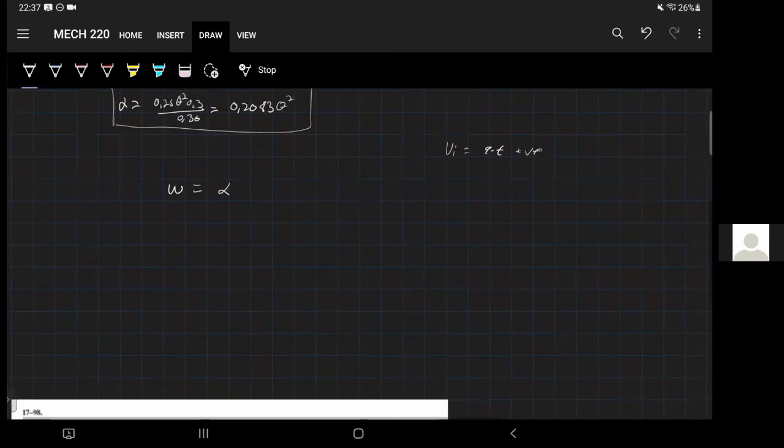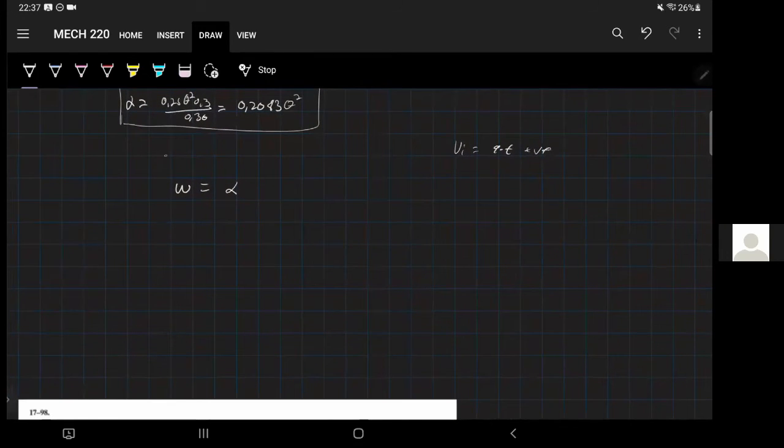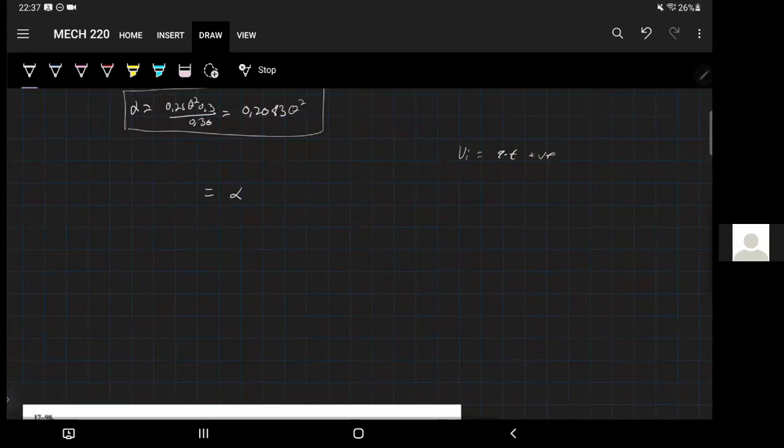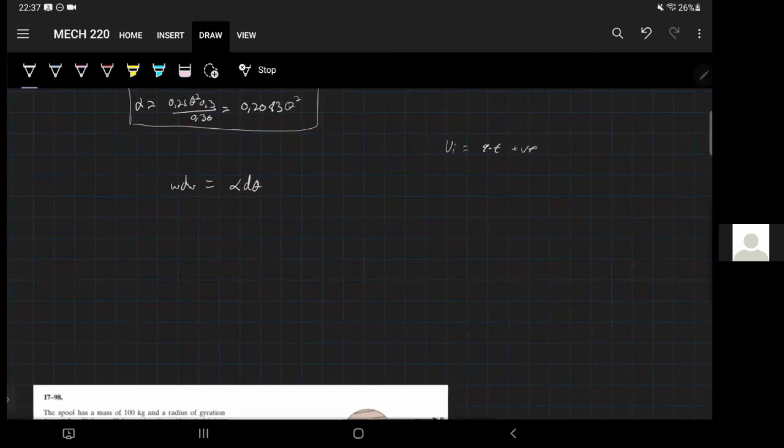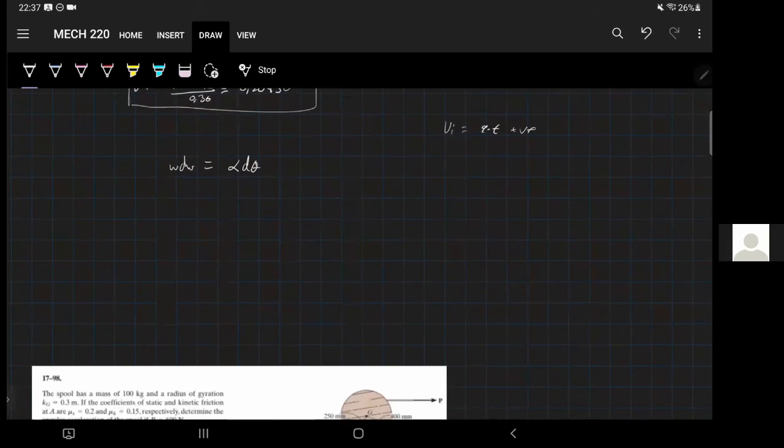So basically we're going to want to integrate a variant of these two. So it would be omega d theta. So we want to integrate this from omega 0 to current omega, and alpha, and it would be theta 0 to current theta, which is 5 times 2 pi, because we have been doing 5 circles.